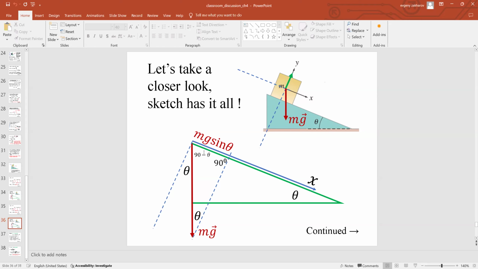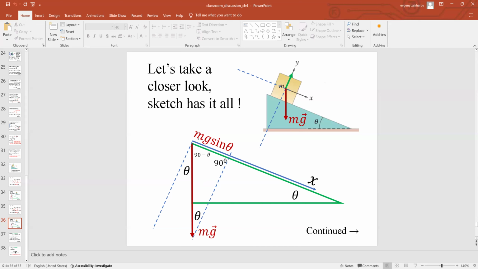So from this right triangle, you got 90. You get 90 minus theta. So what's this one? This one has got to be theta. And then if this is theta, then alternate interior angles. This is your transversal, and two lines are parallel. So angles are congruent. And the moral is, once again, if this is theta, then that is theta. And your component is now opposite to theta, and it's in the same direction as positive x, so it's positive.